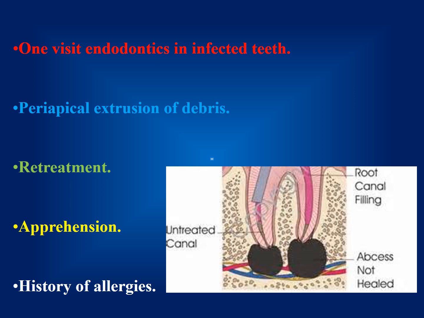Periapical extrusion of debris, retreatment. When we do retreatment, we remove old gutta-percha that has some kind of infection. These remote areas may have bacteria that are anaerobic.